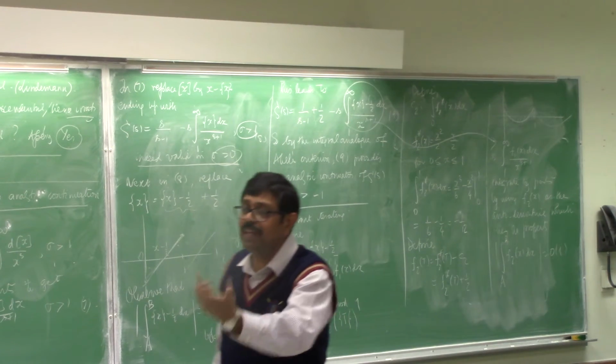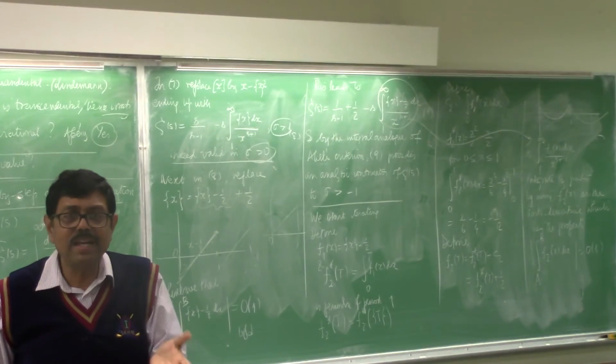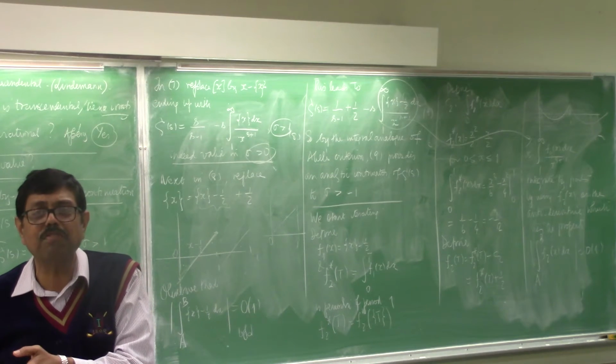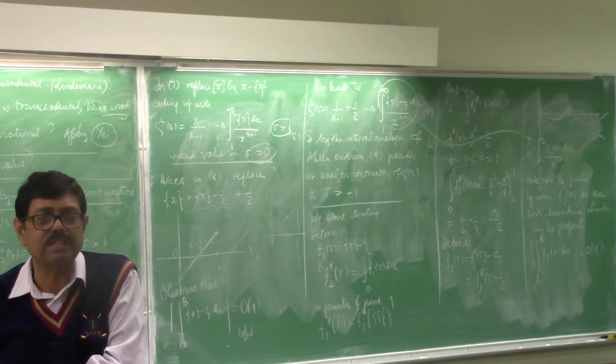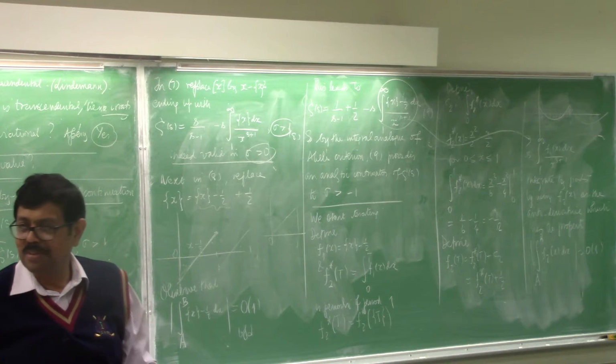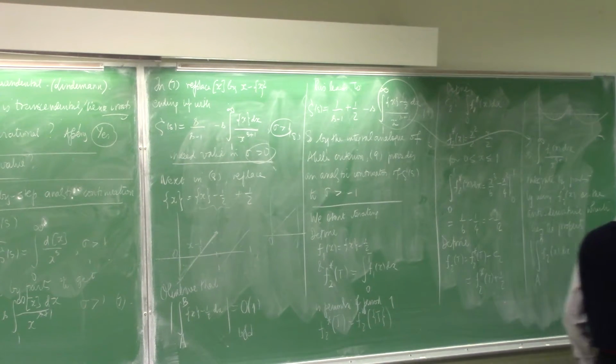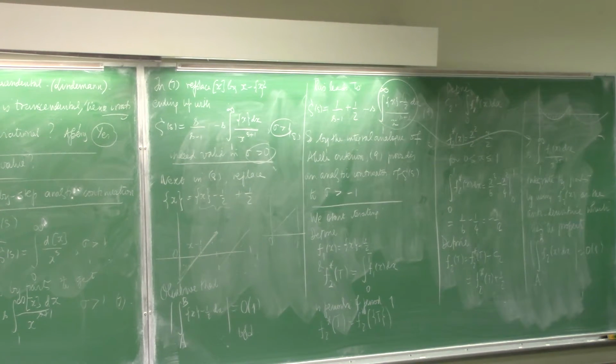But now you use the Abel criterion once more, and you only need s plus 2 to have a positive value for the convergence. So you now extend this to sigma greater than minus 2. And now we repeat the process. So this extends the Riemann zeta function to the half plane sigma greater than minus 2.